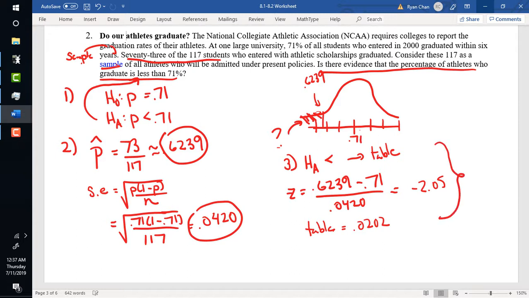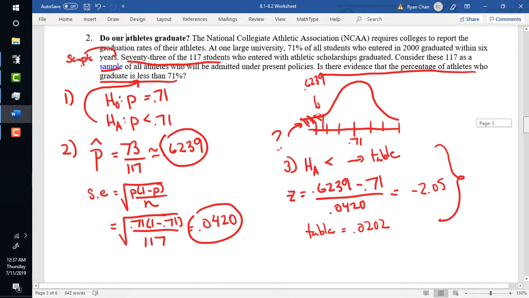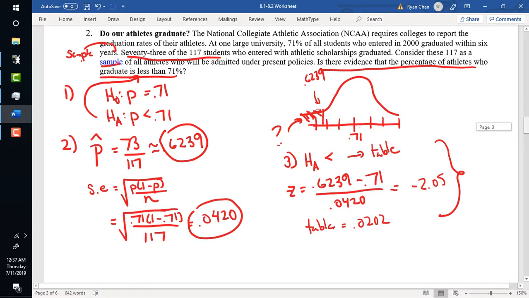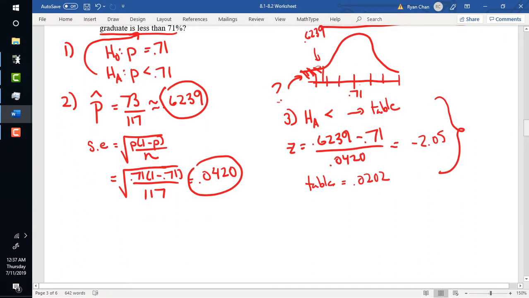Okay, now here's a thing to remember. If you don't like doing it by hand, remember you also have your calculator. You can still use normal CDF. So remember, you can also do this.